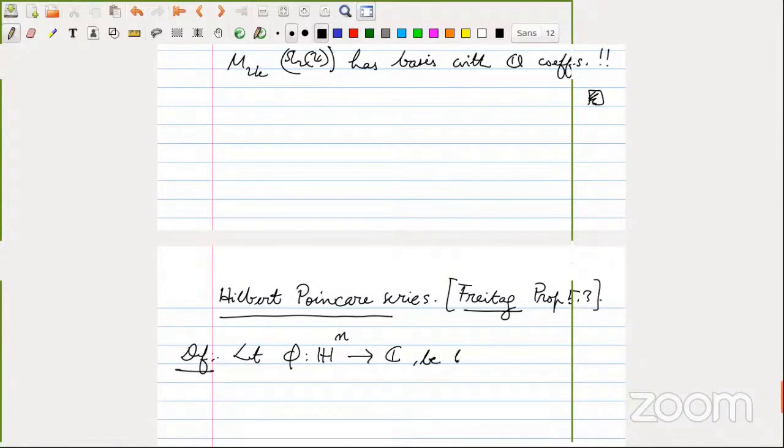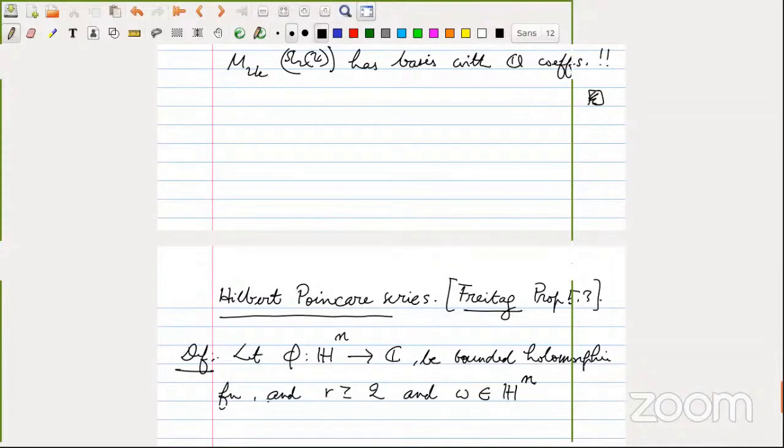So let this be a bounded holomorphic function, and then I take r bigger than or equal to 2, and let's take another complex number w, which is inside Hn.